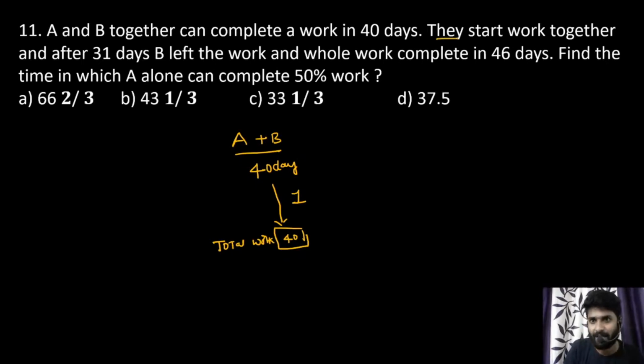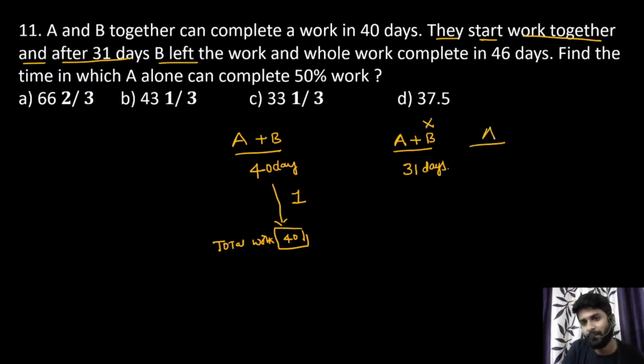Then read it, guys. They start working together, and after 31 days B left the work. B left the work means A was performing alone.